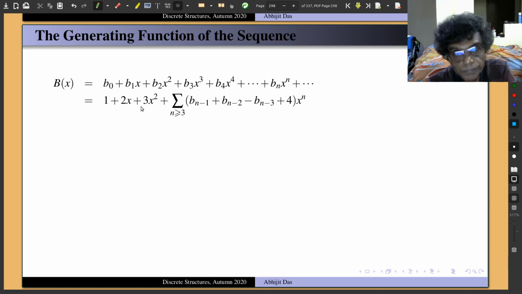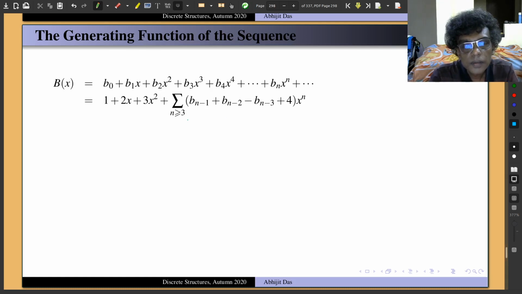So, you see that again this sequence is reappearing in 3 positions. Although it starts from B2, with B0 and B1 missing, this is also an occurrence of this sequence: B2, B3, B4, B5, B6.